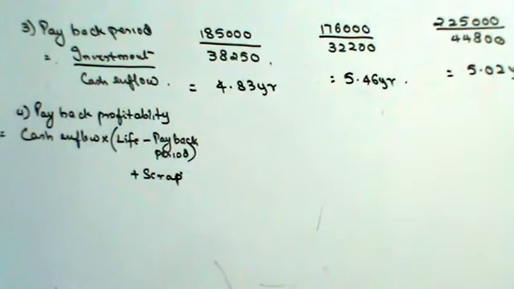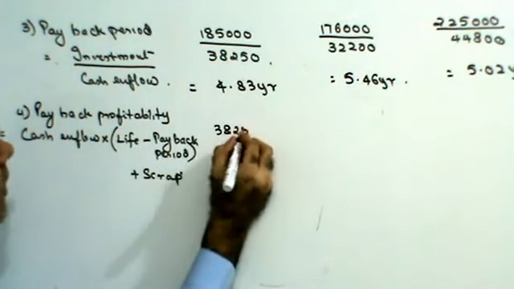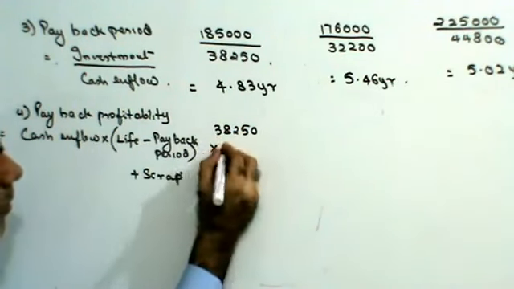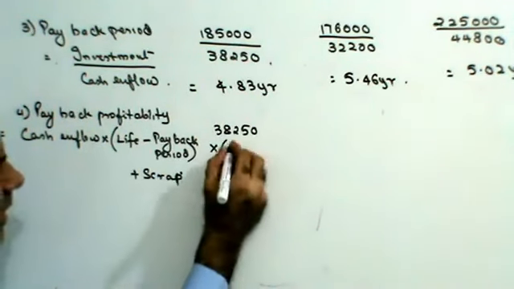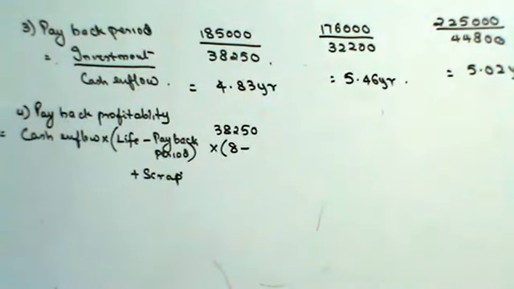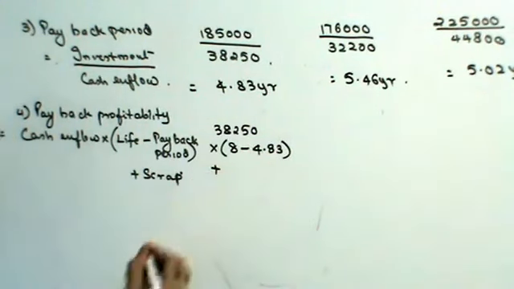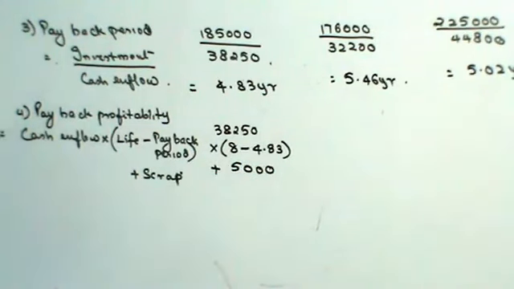Right? For machinery A, cash inflow is 38,250 into estimated life. Estimated life is 8 years. Right? Payback period is 4.83 years plus scrap. Scrap value is given to you as 5,000.